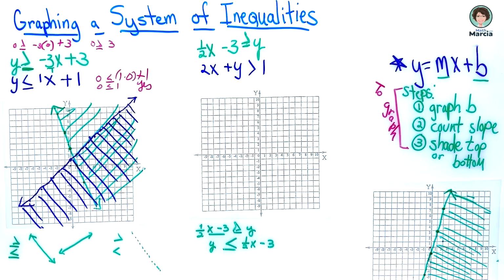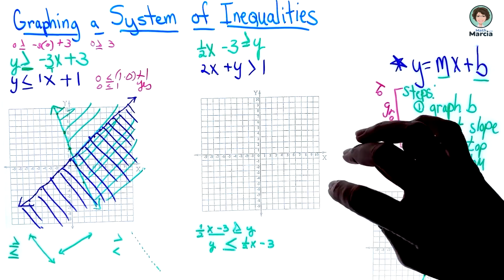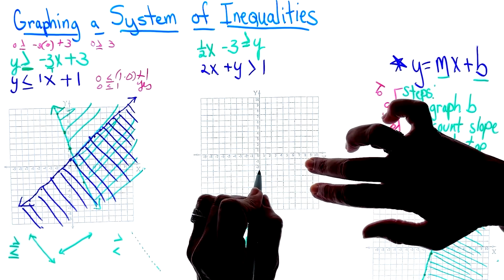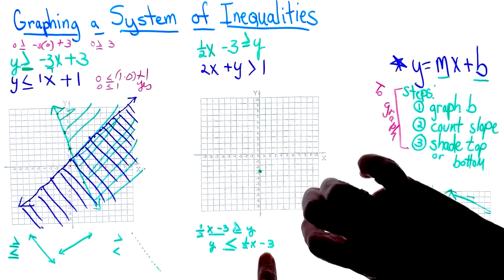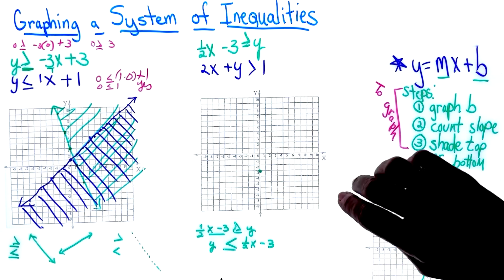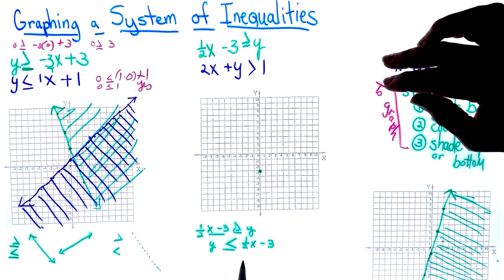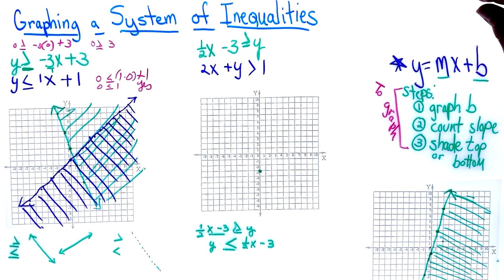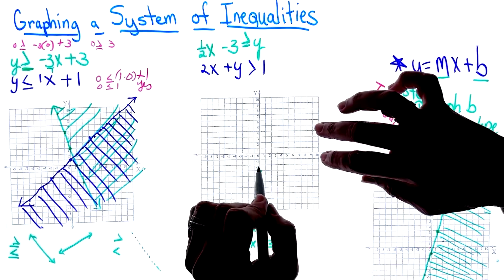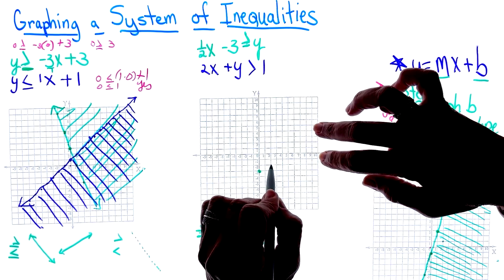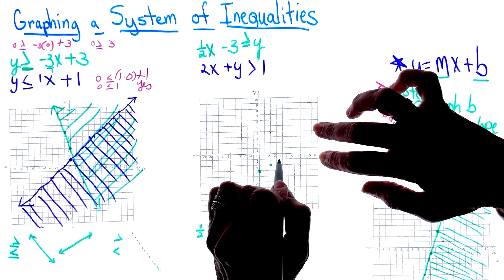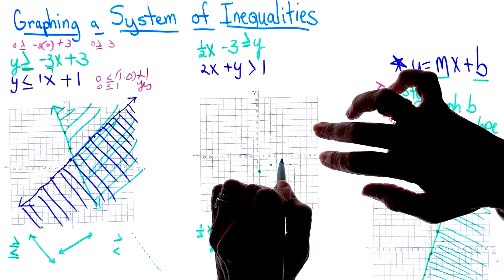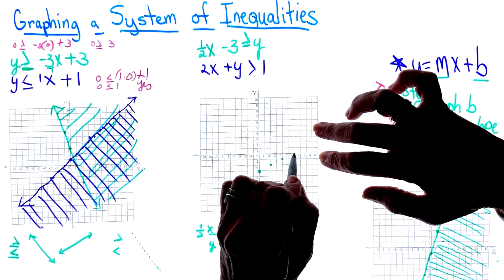Y is less than or equal to 1/2 x minus 3. So I'm going to plot -3 for my y-intercept, and now my slope is a positive slope, so it will be going uphill from left to right, going up 1 over 2, up 1 over 2, up 1 over 2.